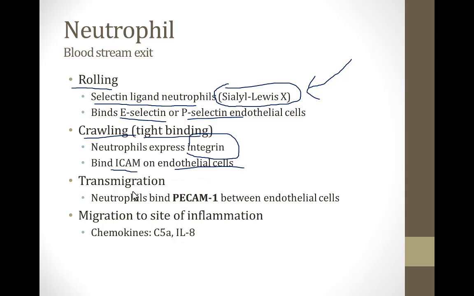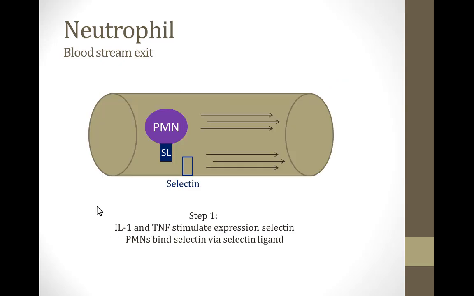After they're crawling, they begin the process of transmigration across the endothelium and into tissues. This occurs because neutrophils bind molecules called PECAM-1, which are found between endothelial cells. And then they migrate to the site of inflammation, drawn by chemokines like C5a from the complement system or IL-8 from macrophages. So here are some pictures to illustrate this process and to help you remember it.